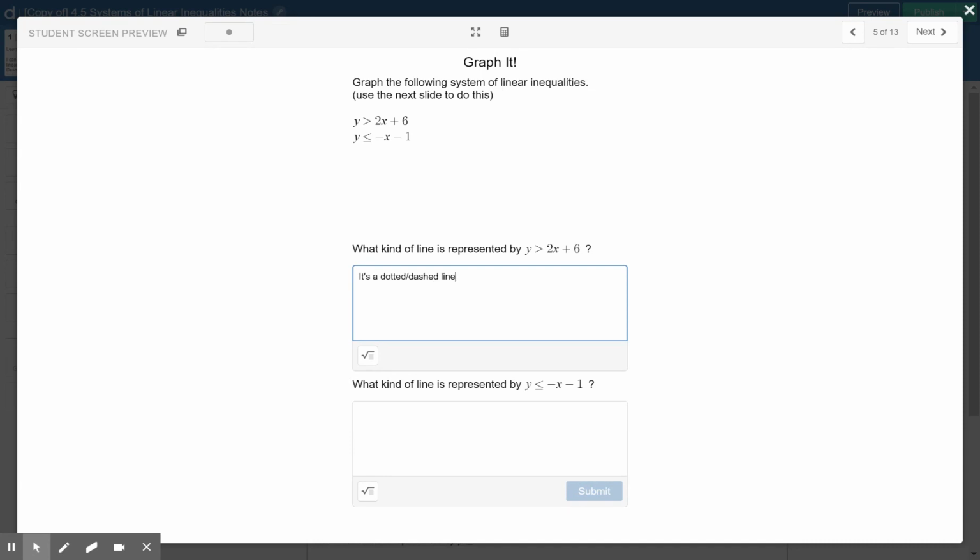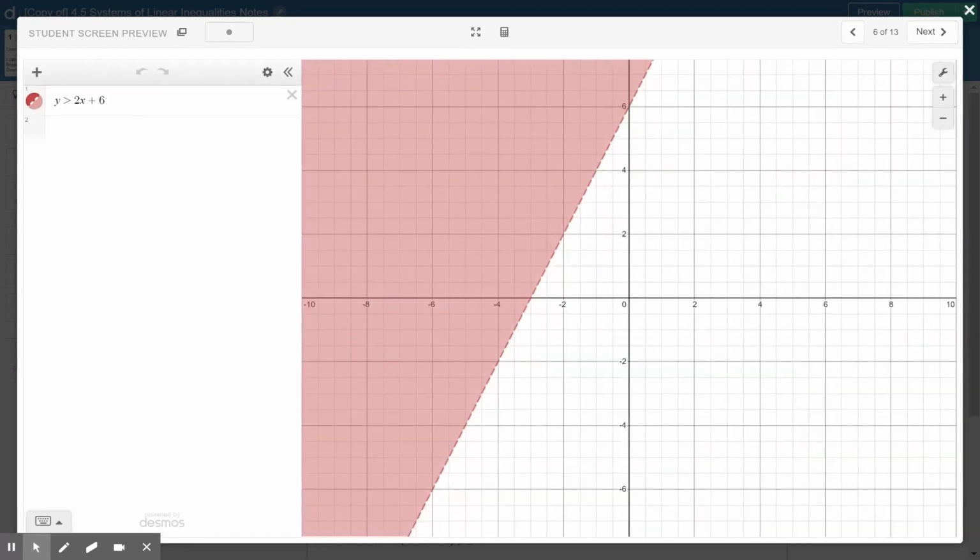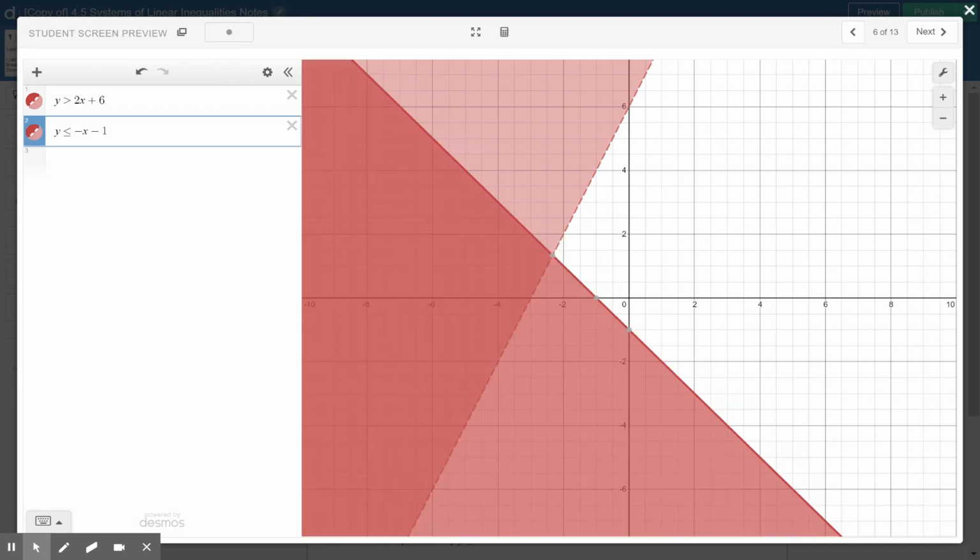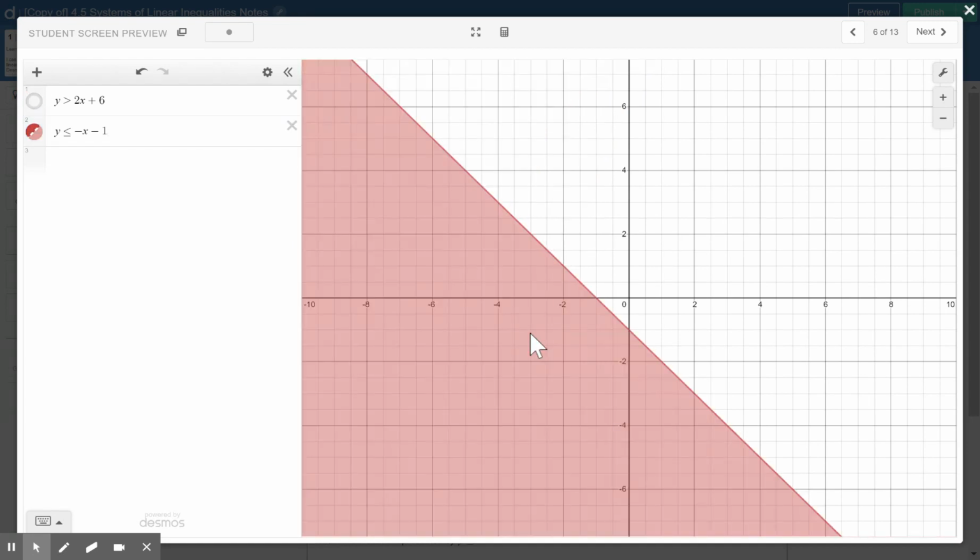And then the second inequality, y is less than or equal to negative x minus 1. So to put that into here, we hit y, the less than symbol, and then you have to hit the equal sign next, and then it automatically does that for you. Now, if you notice this inequality, it actually is a solid line because it has that equal sign underneath it.